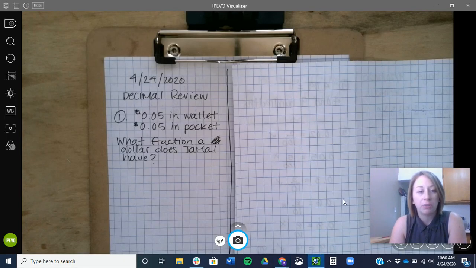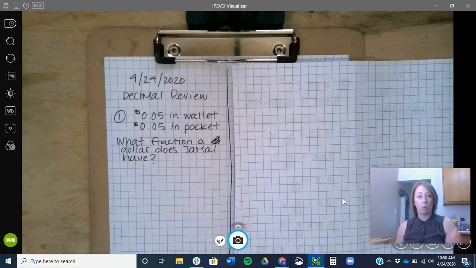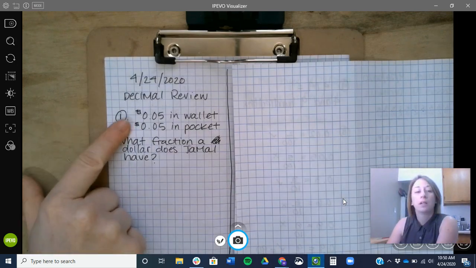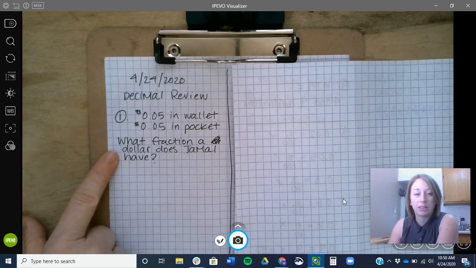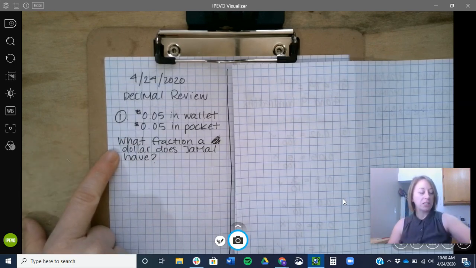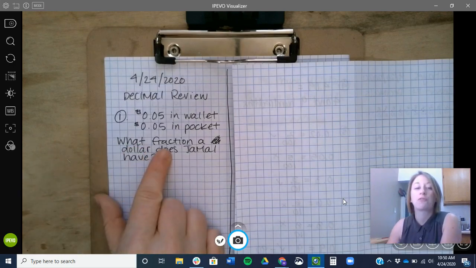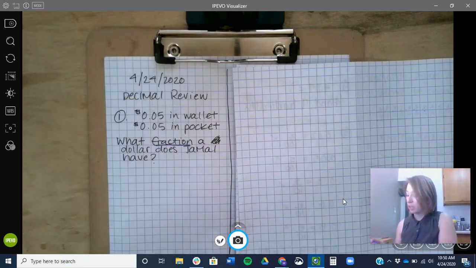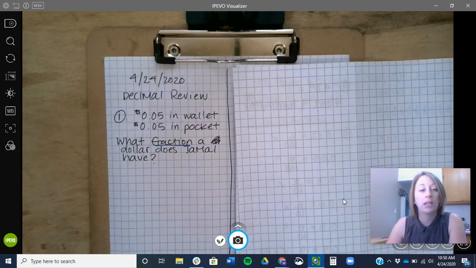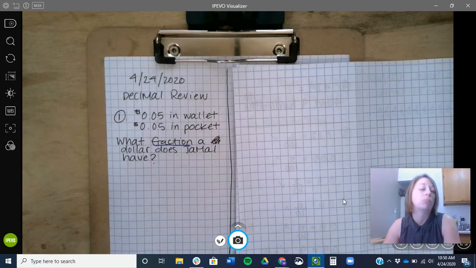So the annotations that we should make are all of the important details, which includes the money that's in his wallet and the money that's in his pocket. And then what the question's asking. The question is specifically asking for a fraction. So what fraction of a dollar does Jamal have? And this is really, really important. It's not how much money does Jamal have, it's what is the fraction of a dollar.